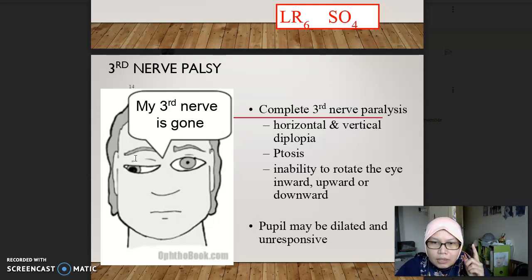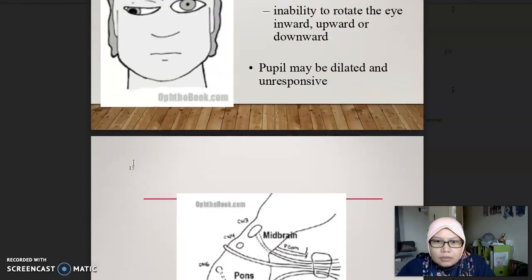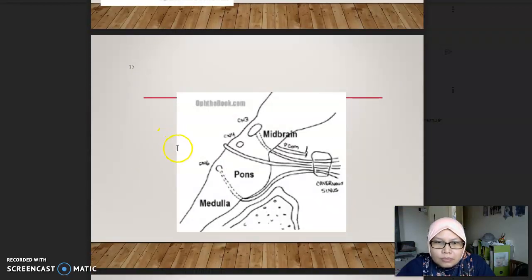So that's why the eye will be down and out. Just remember that. In a third nerve palsy, the eye will be down and out. Alright? And the pupil, it depends. It can be dilated or it can be not dilated. It depends.